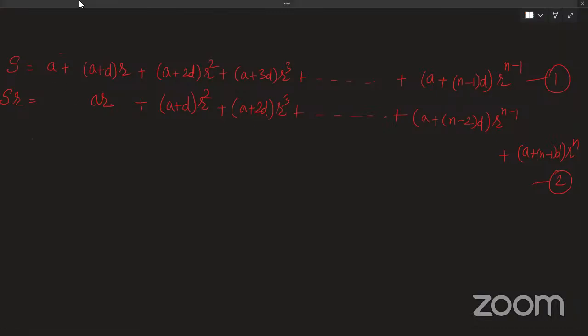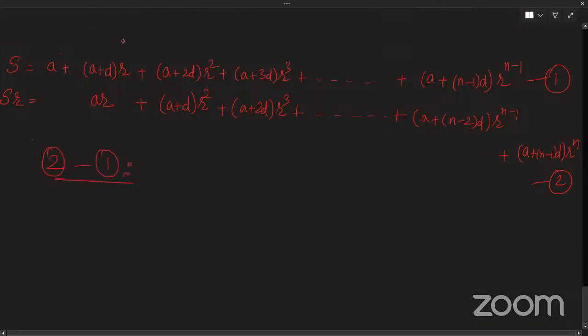So now I will subtract 1 from 2. So basically 2 minus 1 I will do. So it is S into r minus 1 is equal to. What will this be? S r to the n, minus (A plus dr).